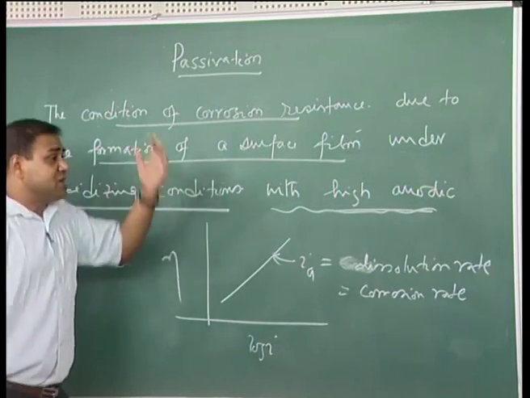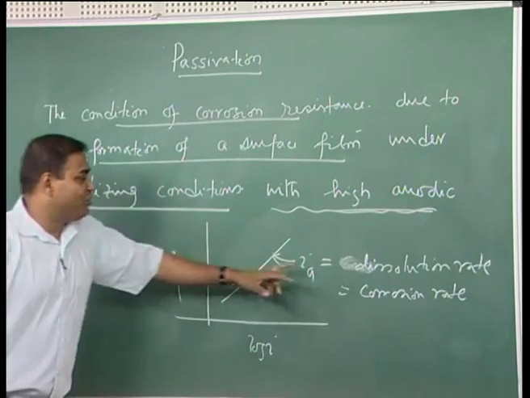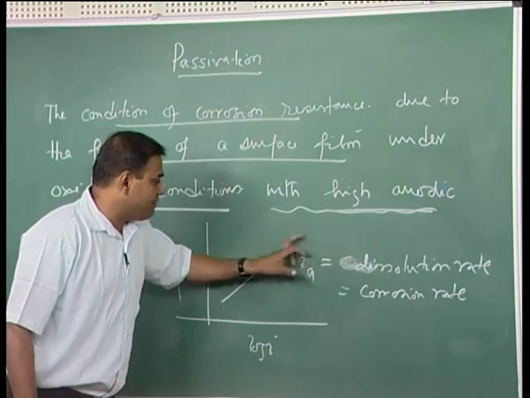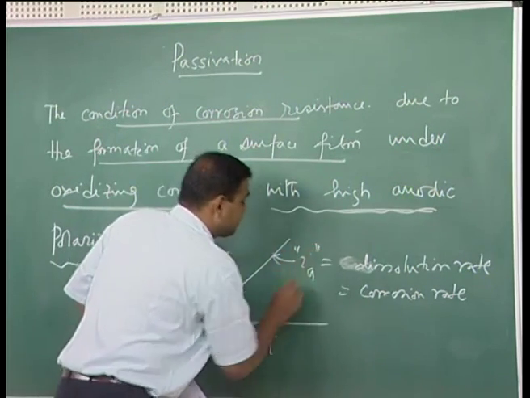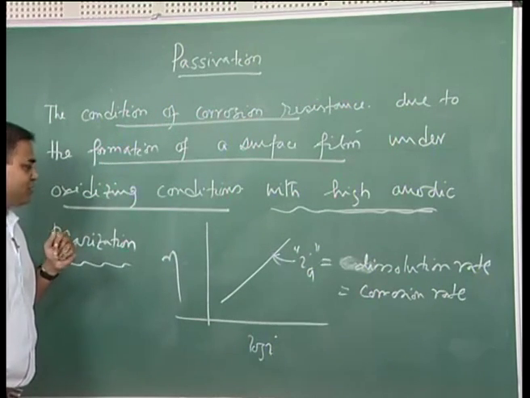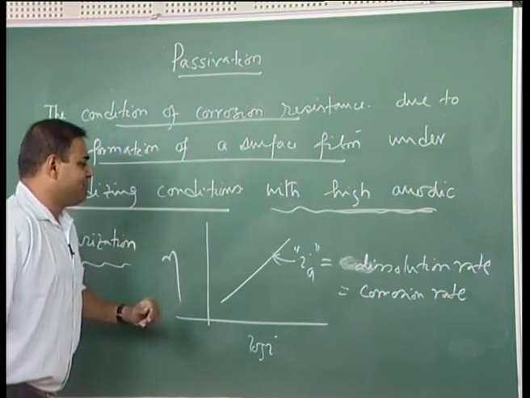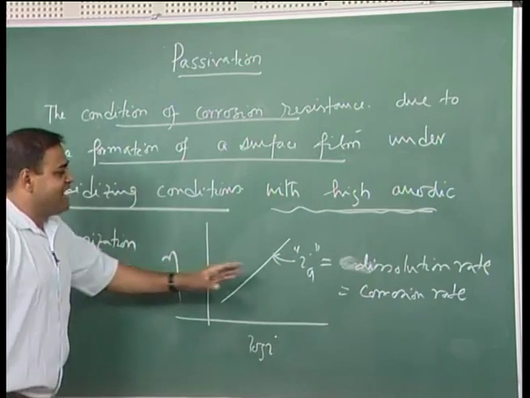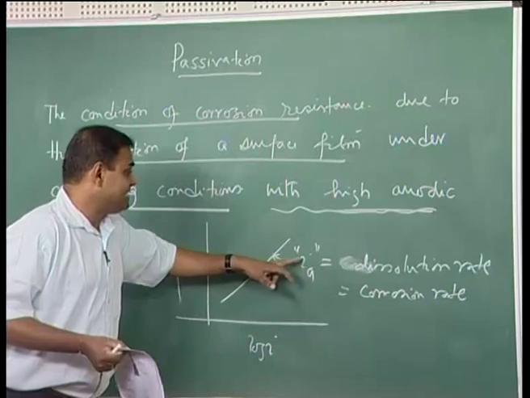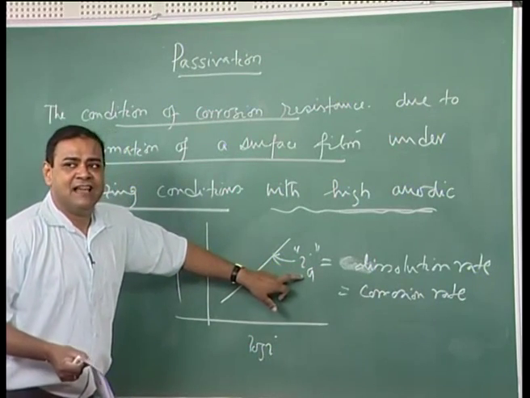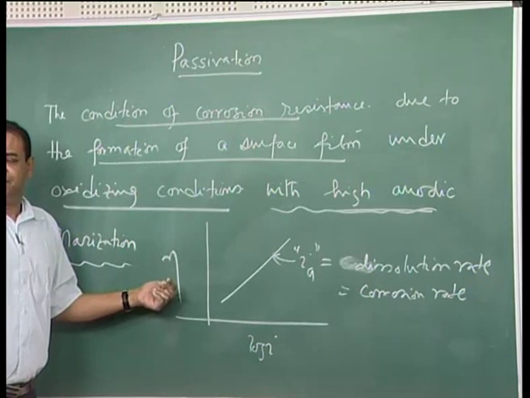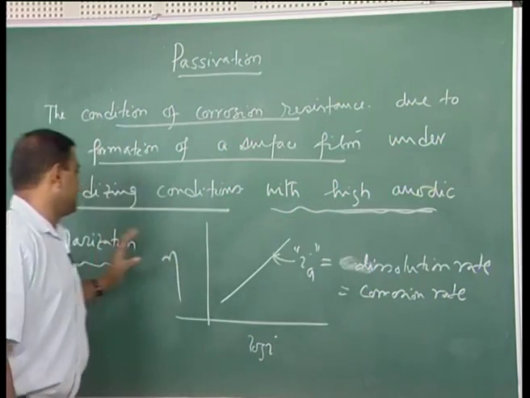So, when eta should be very high, or when IA would be very high, or not IA, sorry, I am mistaken, you do not consider IA, that time eta should be very high. So, from this we are clearly seeing that if this is high, IA should also be high, but the situation would be different when we see what happens to this IA as a function of increasing anodic polarization. Then you would understand why this last thing is written.